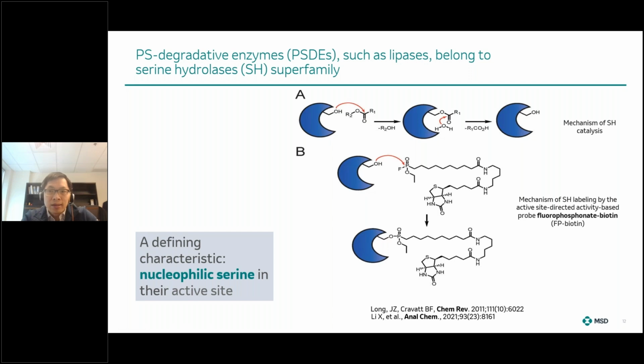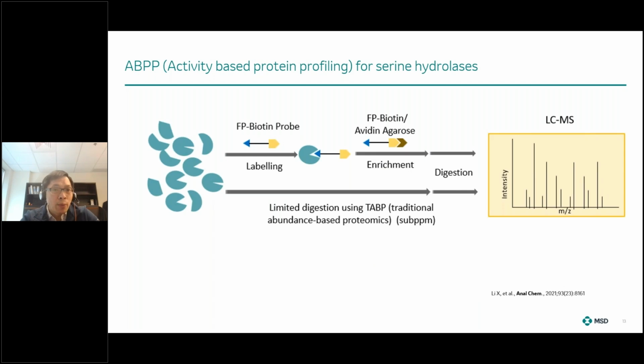Based on this mechanism of action, a lot of research has been done in academia, especially the work by Professor Ben Cravatt at Scripps. They developed many active-site-directed activity-based probes, such as the FP-biotin shown in this case. By leveraging this chemical probe, we are able to specifically label active enzymes.